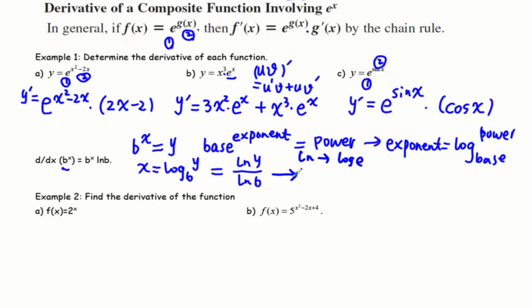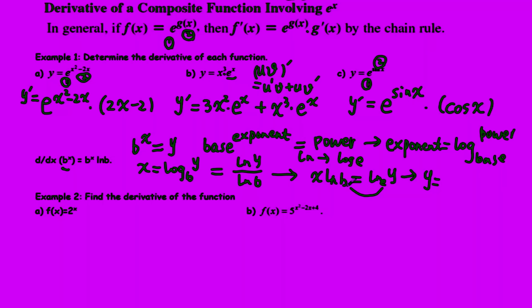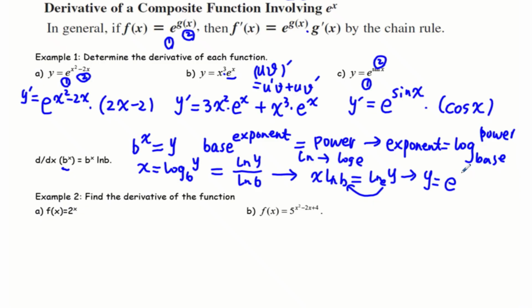Then we continue to solve for y, so we have x times ln b equals ln y. Then we rewrite it backward, so y, the power, equals e to the exponent x ln b.